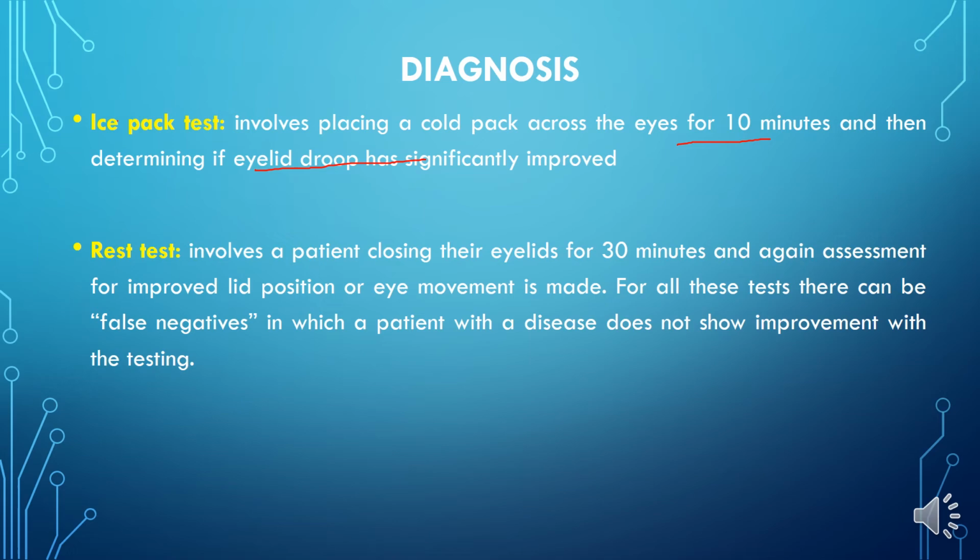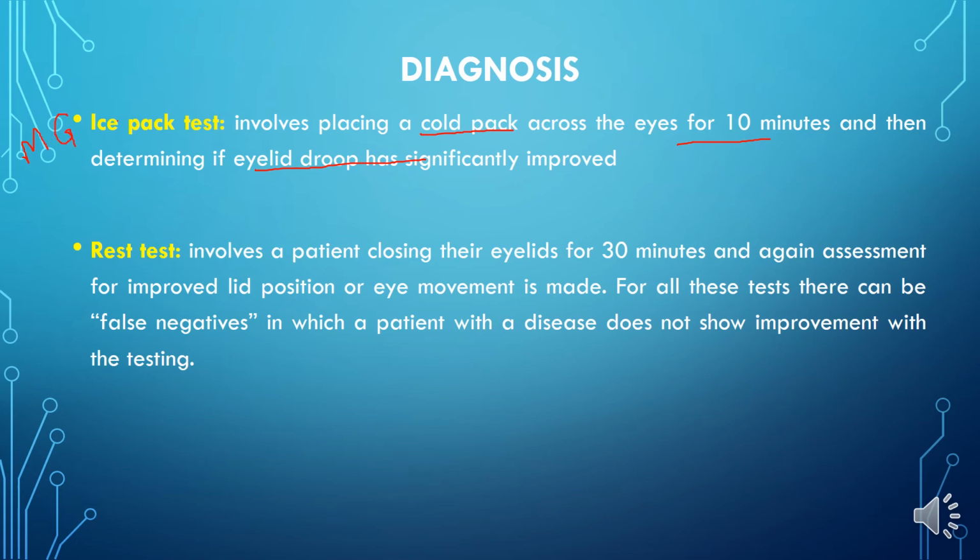If there is a stroke in the brain stem where the ocular nerves are, then also there will be a drooping of the eyelid. But if by application of this ice pack, that is a cold pack over our eye for 10 minutes, it improves the drooping of the eye, then definitely this is a case of myasthenia gravis and not stroke.